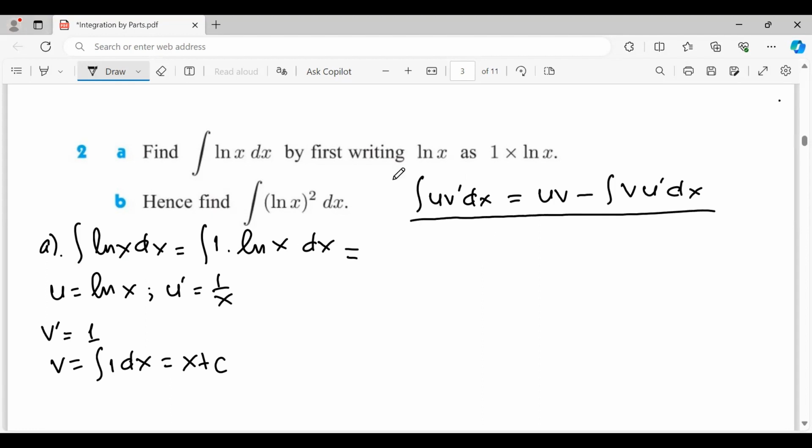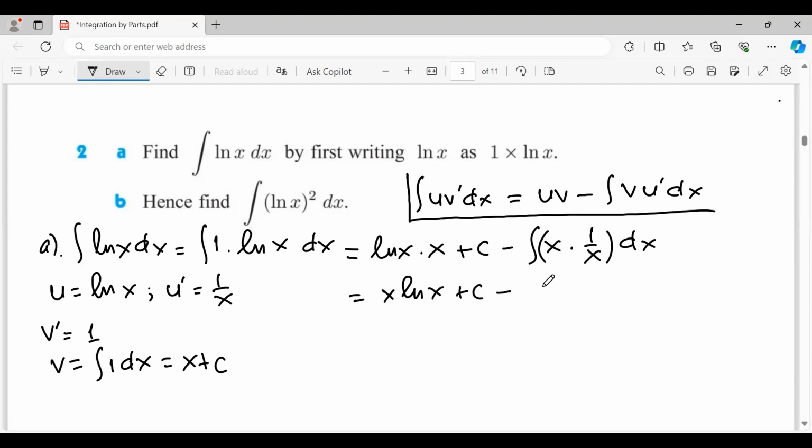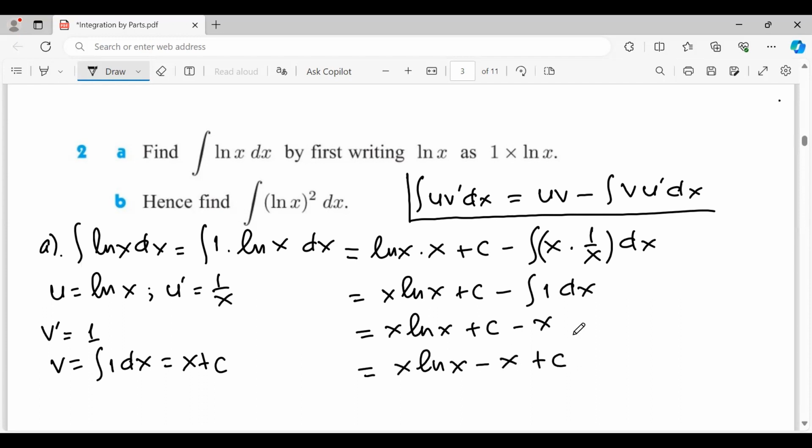So it means u times v, ln x times x plus c minus integral x times 1 over x dx. x ln x plus c minus integrals 1 dx. x ln x plus c minus x, or x ln x minus x plus c.